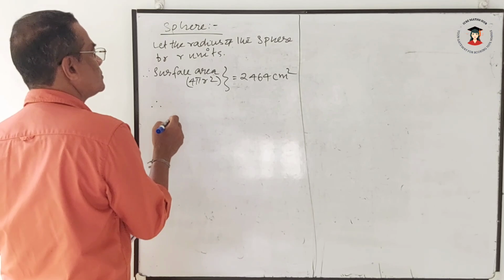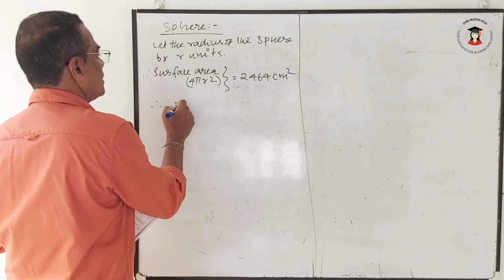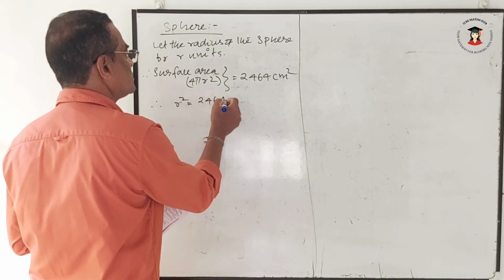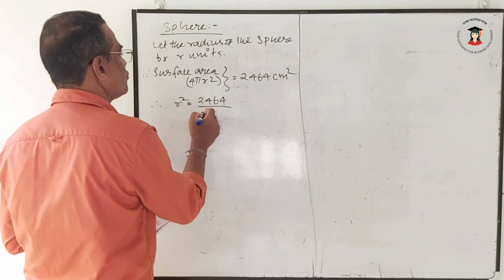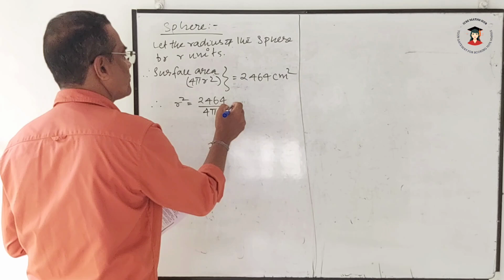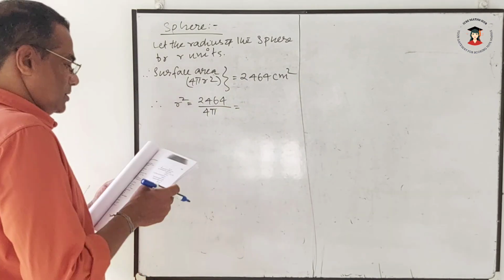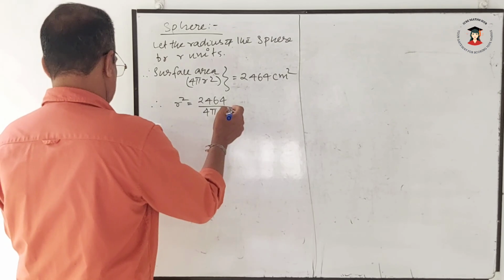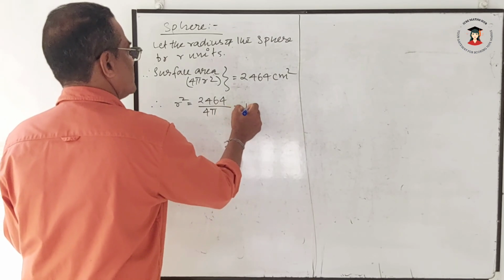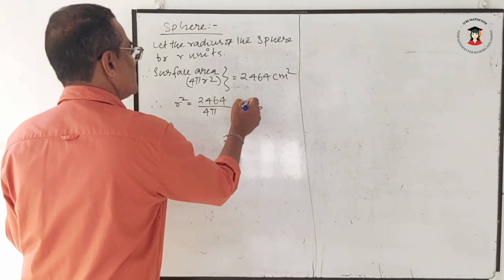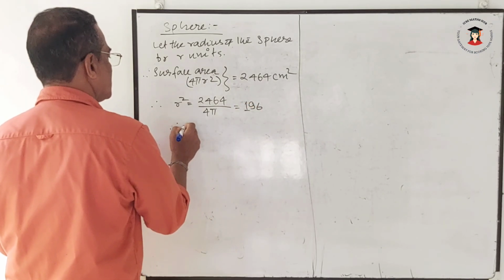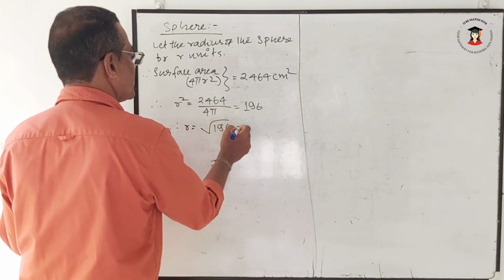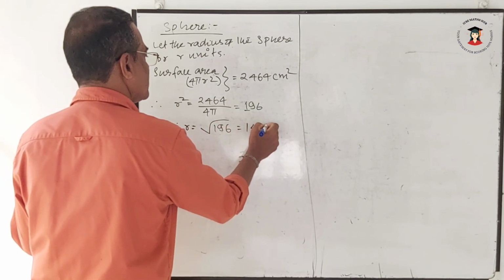Therefore, r square is equal to 2464 divided by 4 pi, equal to, simplification of this will give you 196. Therefore, r is equal to square root of 196, that is equal to 14 centimeter.